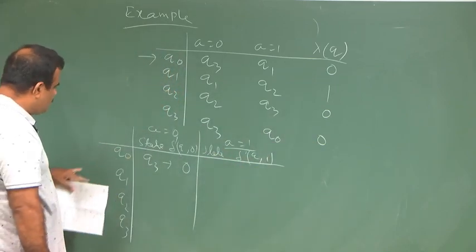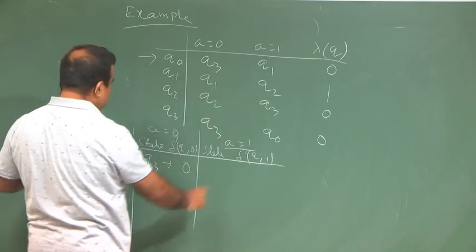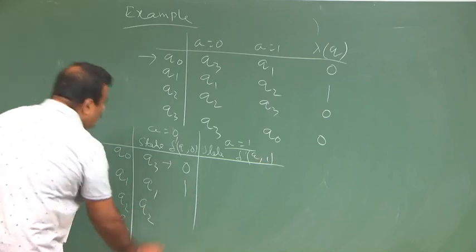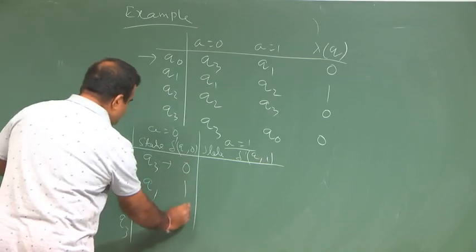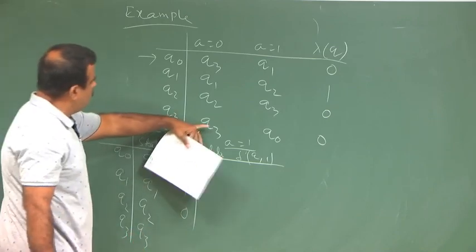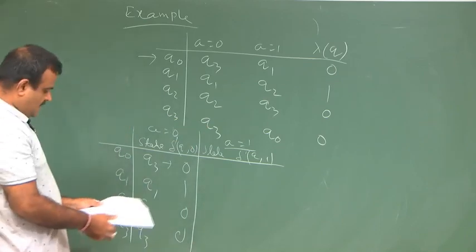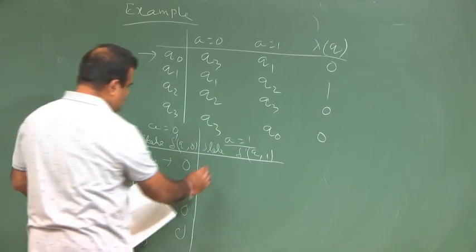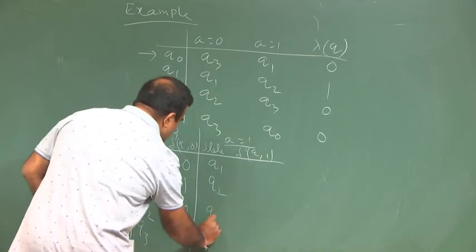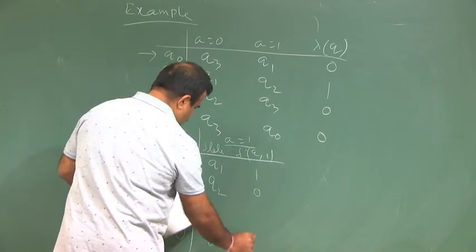So this is q3 0 and again q1, and for q1 it is going to 1, q2, for q2 it is going to 0, and for q3 to q3, and it is going to 0 again like this. So similarly, we can fill up this, q1, q2, q3, q0, and these are all 0 0.